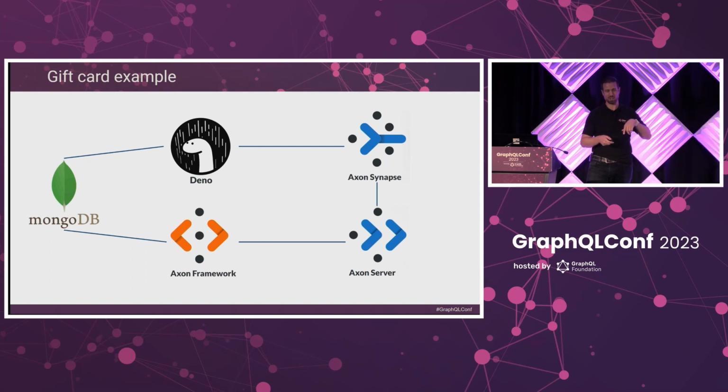That's the Axon framework application that will then instantiate the gift card. Creating the gift card will trigger an event. That event again will go through Axon Server to Synapse, back to Deno, and then you get the event and you can create a gift card. So it all seems a bit complex.